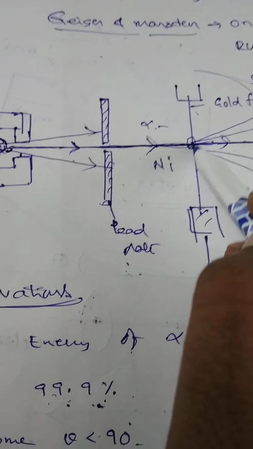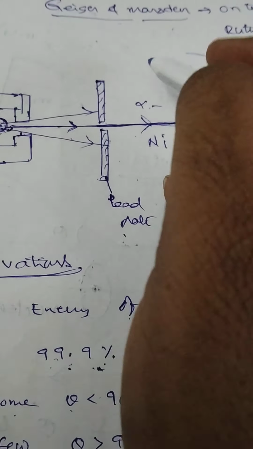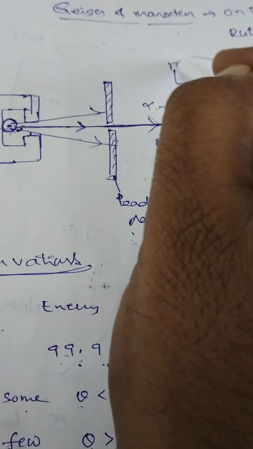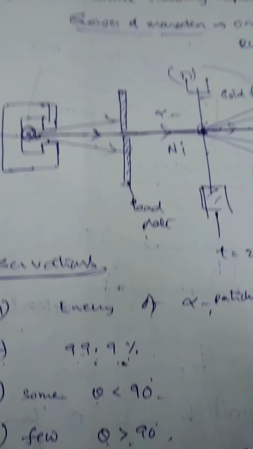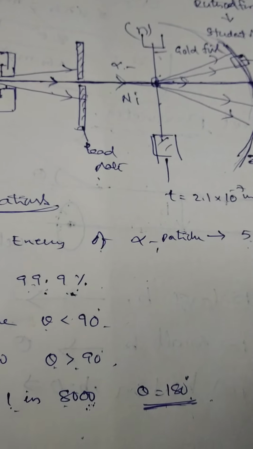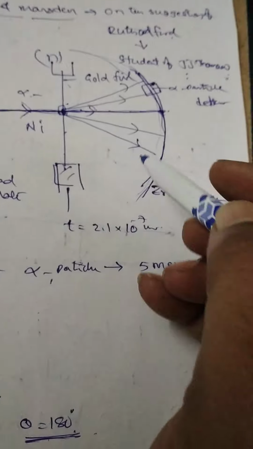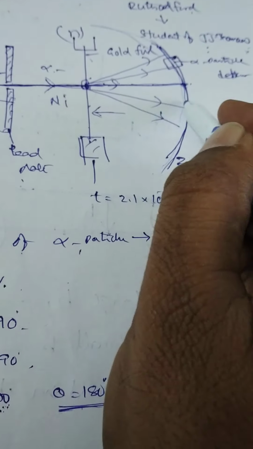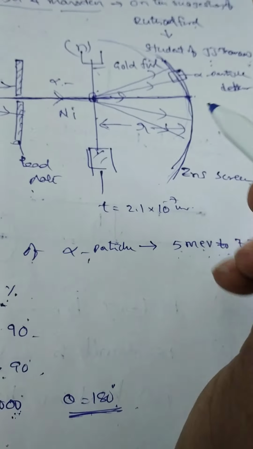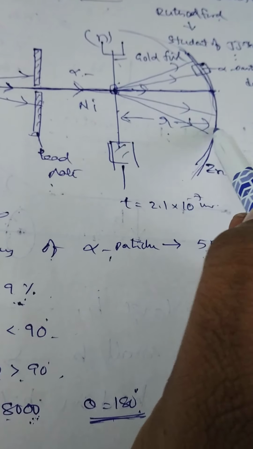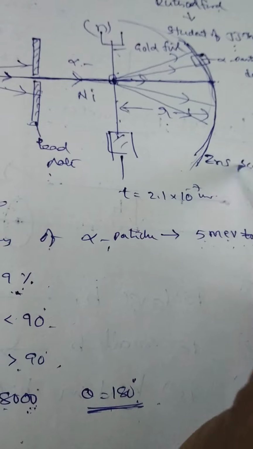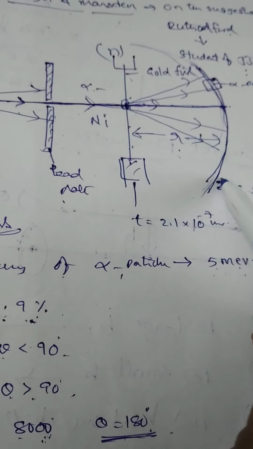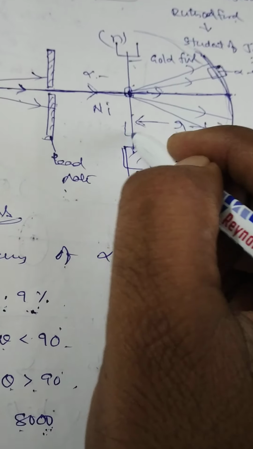In this gold foil, the number of atoms per unit volume is represented by small n. Next, small r is the distance of the screen from the foil. This is a zinc sulfide screen. Next, T is the thickness of the gold film.